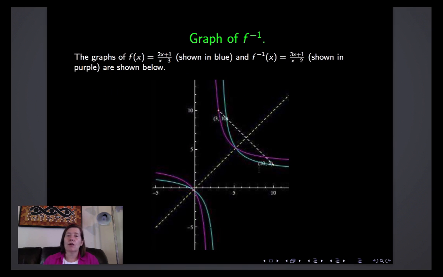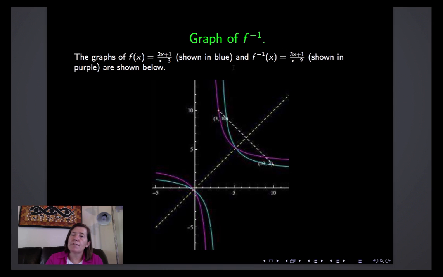Let's look at the graph of f and f inverse for a function that we've worked with. If we take f of x equals (2x plus 1) over (x minus 3), then the graph of y equals f of x is shown in blue here. And we see the point (10, 3) is on the graph because 3 is f of 10. If you plug in x equals 10 here, you should get out 3 as f of 10.